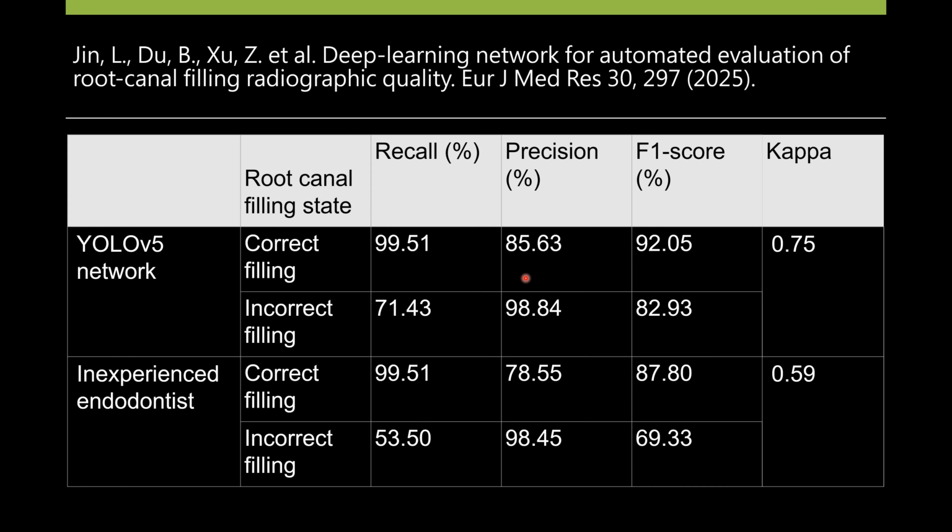Because in this research, the experienced endodontists are the gold standard. That means they are the answer for the AI. They are 100%, so you cannot compare experienced endodontists with the neural network here. So that's a problem.